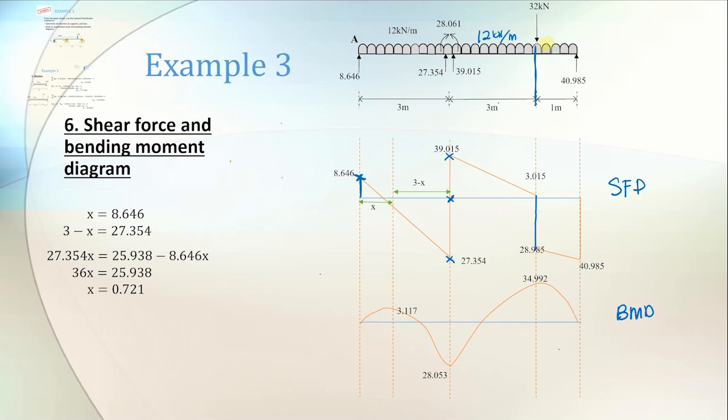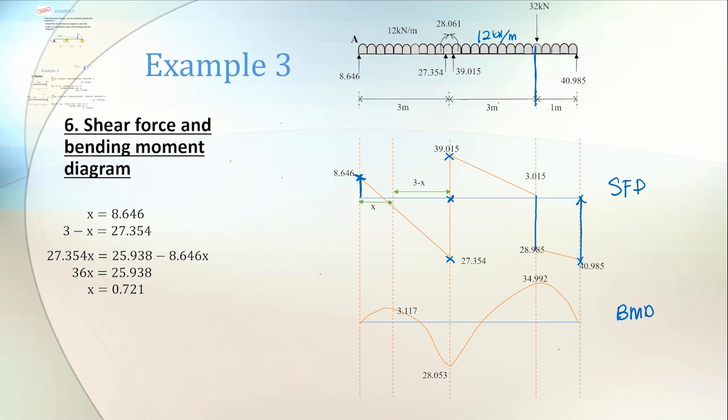And you see there's a remaining UDL here for 1 meter, so 28.985 minus 12, because 12 kN per meter times 1 meter is 12 kN. You have RC 40.985 going up, so back to 0, so it ends with zero.